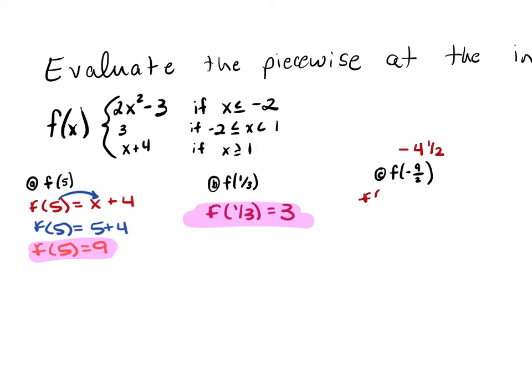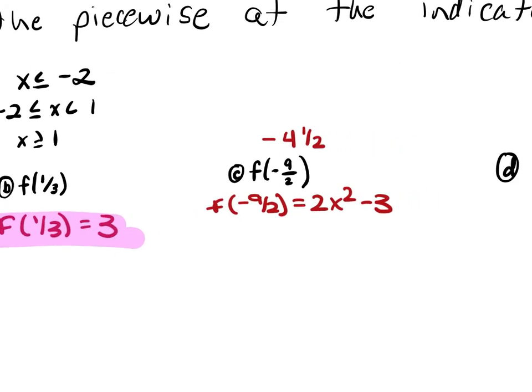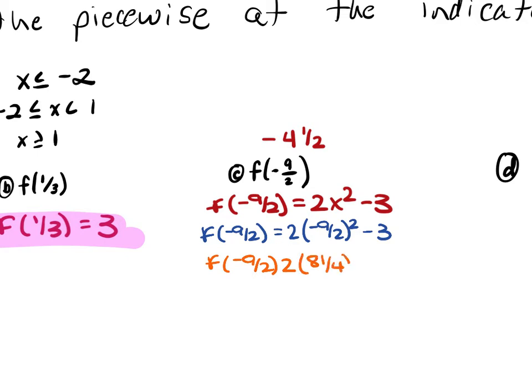So we're going to take f of -9/2 and plug it in for x in the 2x squared minus 3. This is going to leave us with f of -9/2 is equal to 2 times -9/2 squared minus 3. The -9/2 squared is going to give us 2 times 81/4 minus 3.